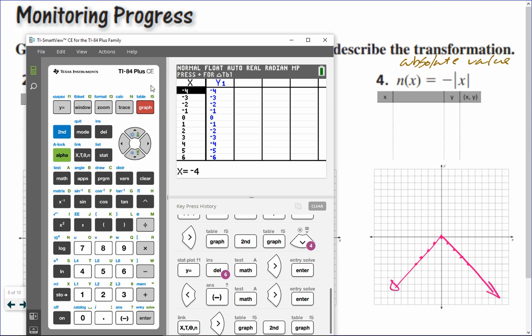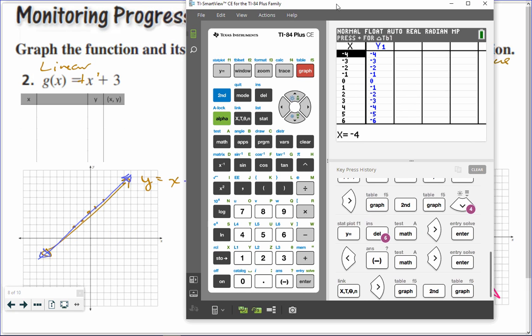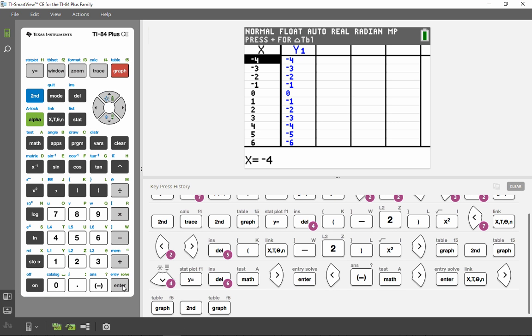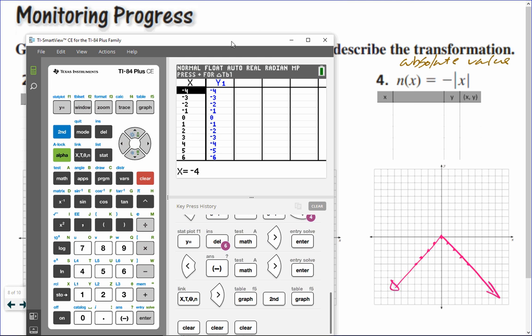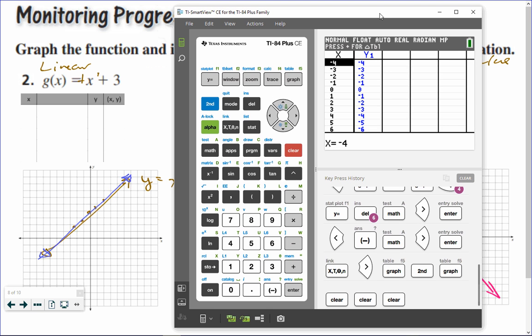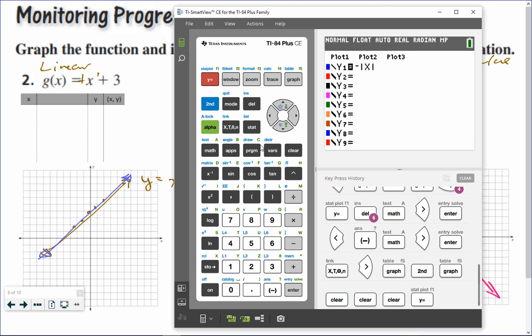All right, so on my calculator, if you have your calculator, go ahead and get it out. I'm going to show you how to do these on your calculator. It's super easy. Go to y equals. This first one's x plus 3.